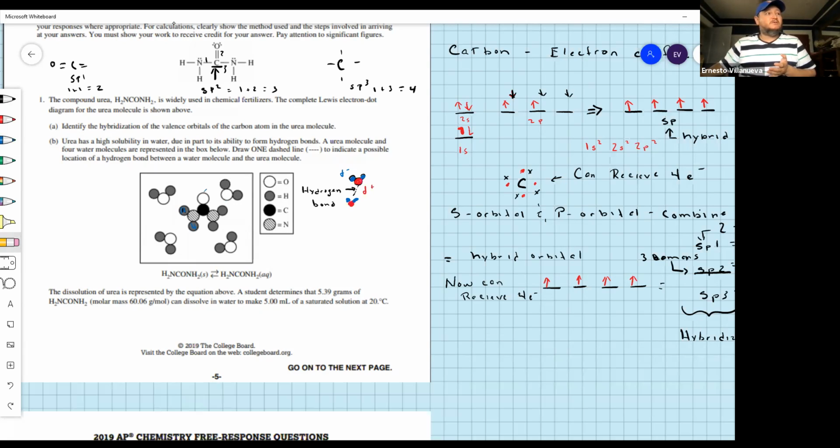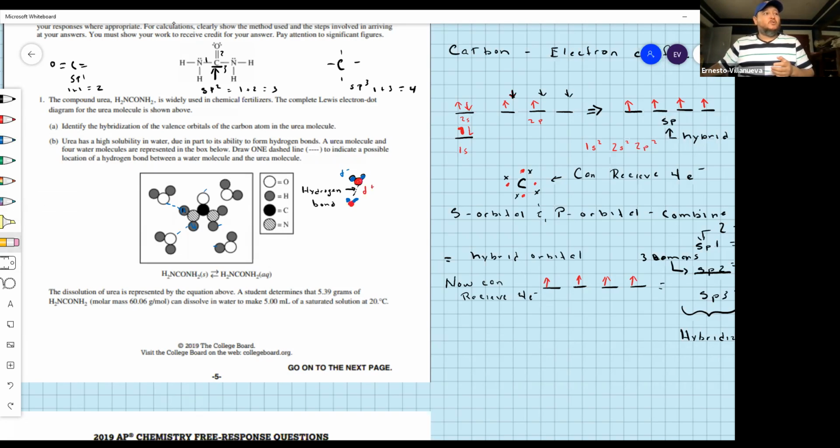Let me go ahead and erase it real quick. You can draw one here. You can draw one here, right? These two wouldn't attract, here and here, because they have the same charge. So you wouldn't be able to draw a line there. What they want to recognize is that you understand that a hydrogen bond exists between those oppositely charged particles.